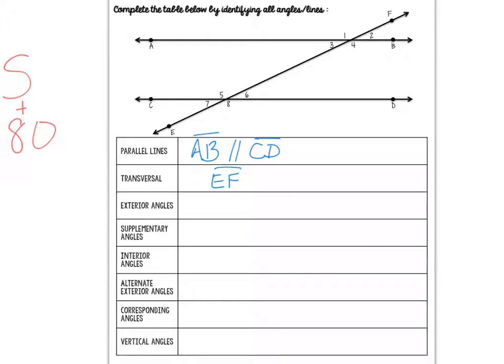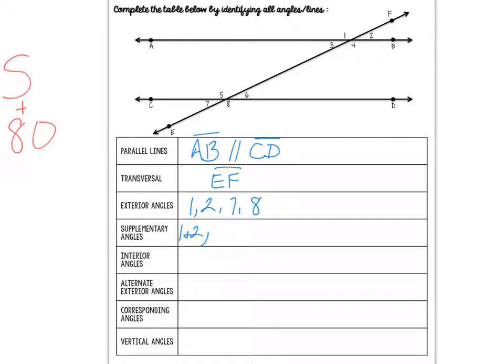Exterior angles. So if we think about which angles are on the outside, that would be angles 1 and 2, 7 and 8. Supplementary angles. Again, these are angles that will add up to 180. There are a ton of them. Supplementary angles, you could have 1 and 2.